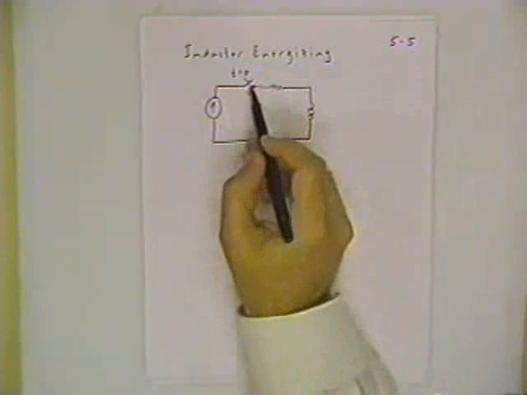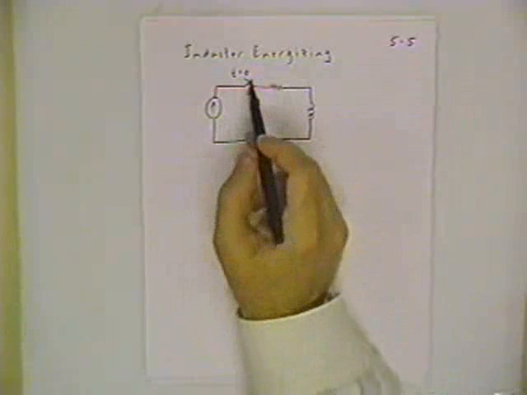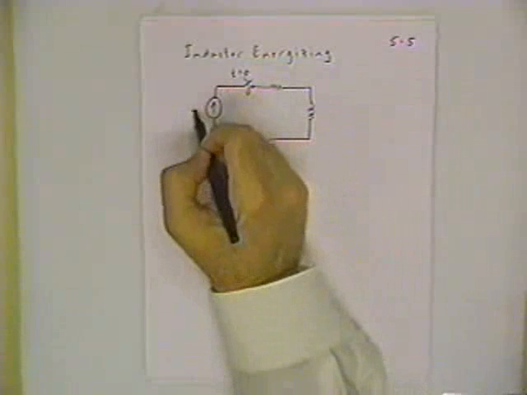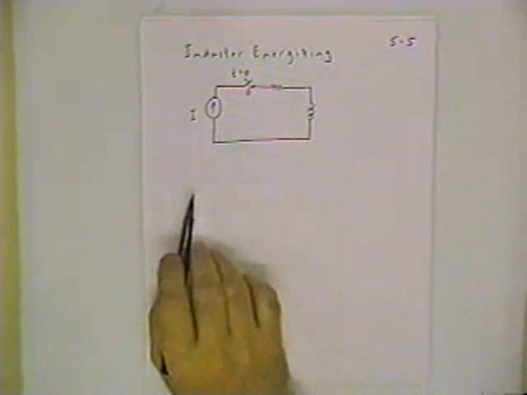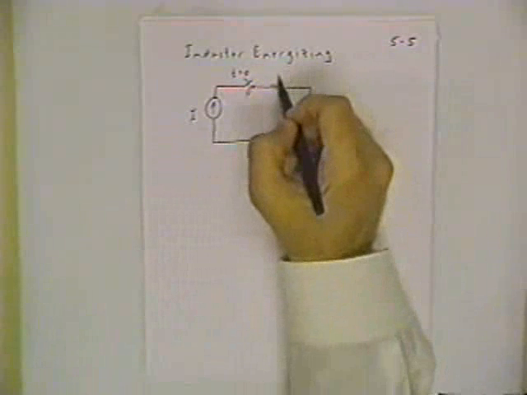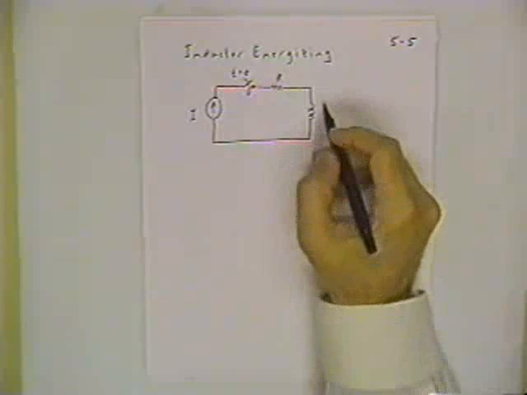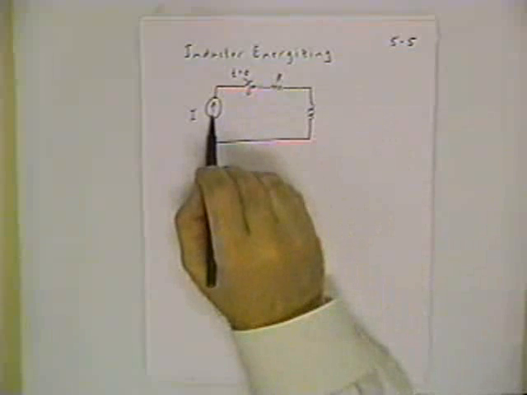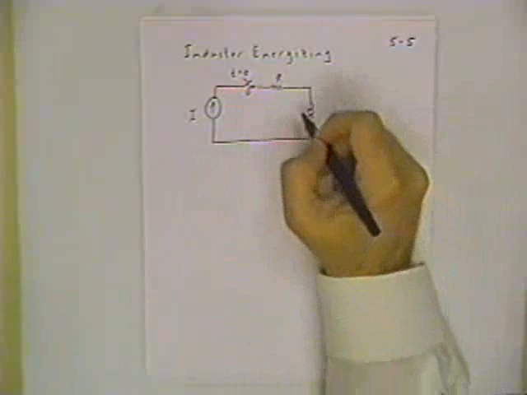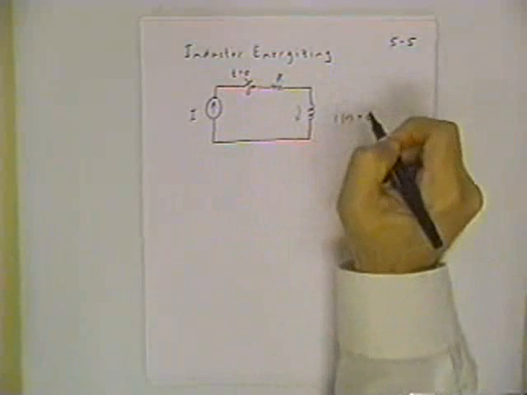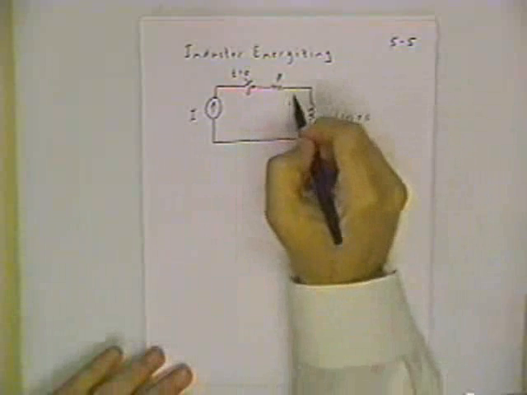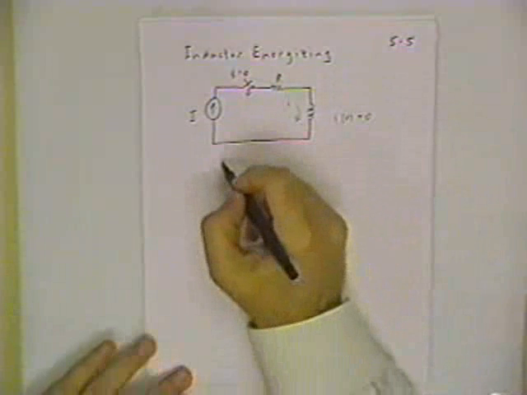If I wanted to be more careful about it, I'd use another one of those sliding contact switches. But to get to the point quickly, I have a current source of I amps. If I close this switch, then eventually this inductor is going to have I amps going through it. But if initially the current in this inductor is equal to 0, it's going to take a certain amount of time for that current to build up.